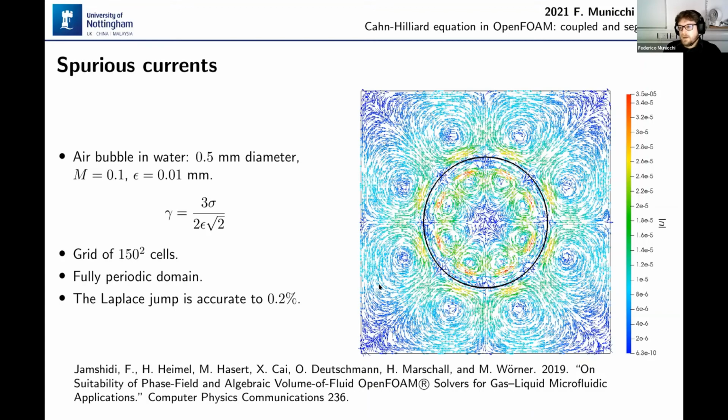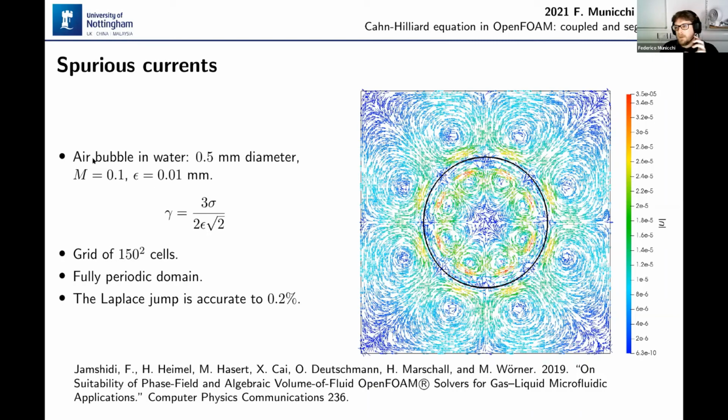They got a picture very similar to this one, which my solver can reproduce almost exactly. You see that the spurious currents create these vortices, but the magnitude of the velocity is quite low compared to what you would get in interFoam.